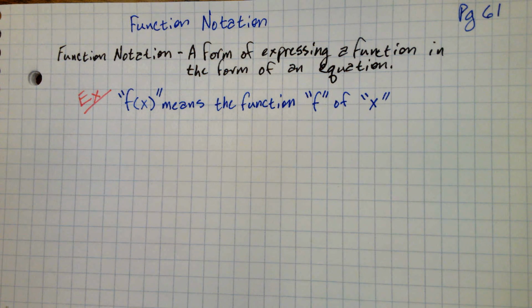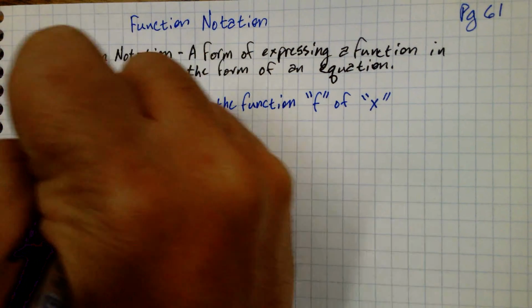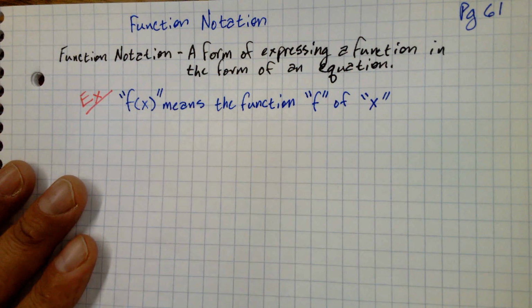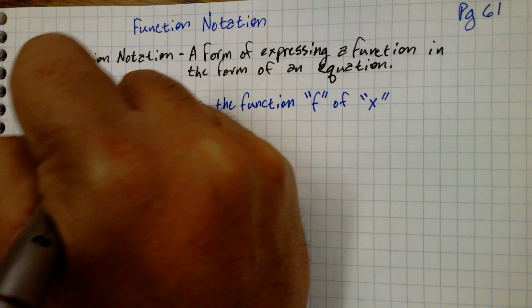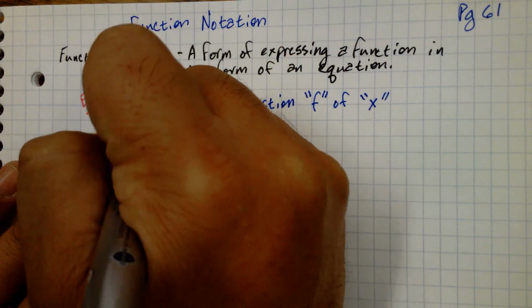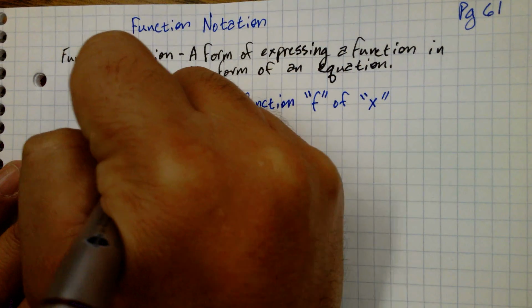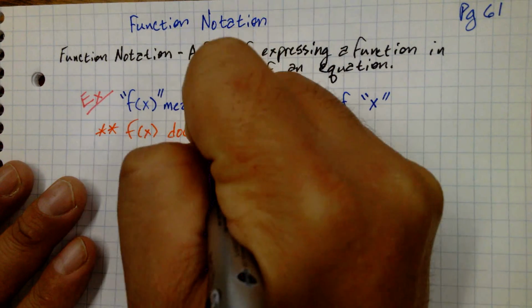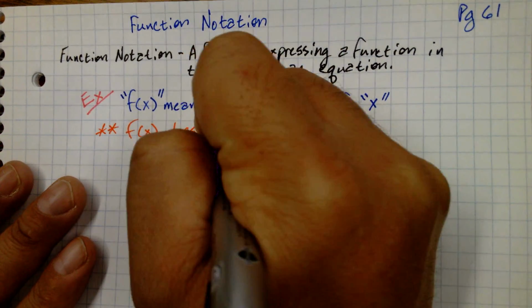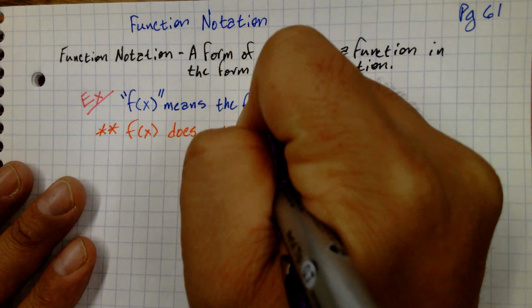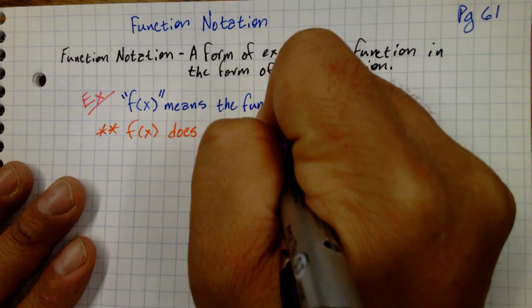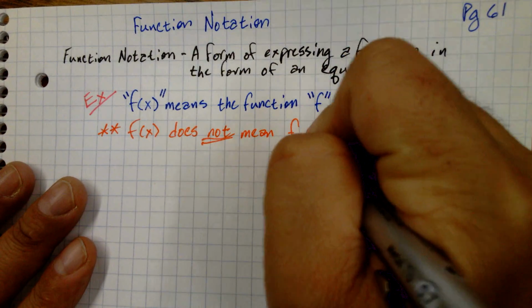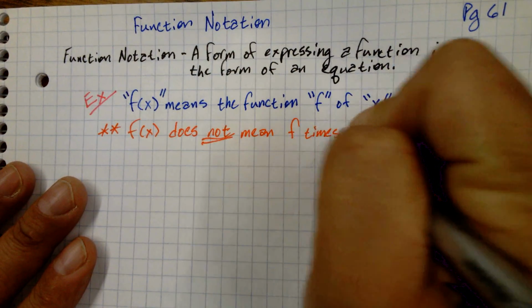So this is very important. We should point this out, and I'm going to highlight it and make sure everyone understands this. Let me write it in red. f of x does not mean f times x.